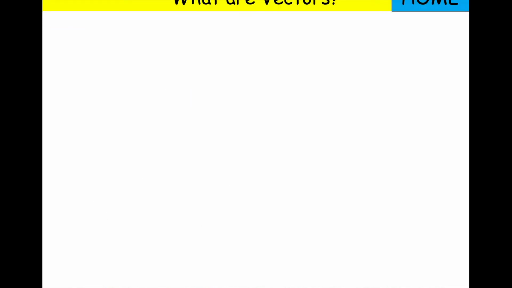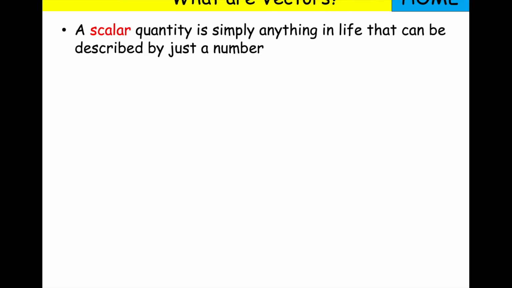Let's start with a definition. A vector is a quantity, and when we talk about a quantity, there are two kinds of quantities. The common one is a scalar. A scalar is just a quantity or just a number, such as temperature.